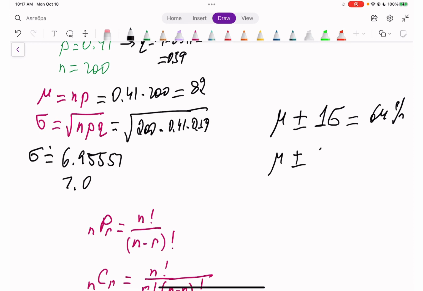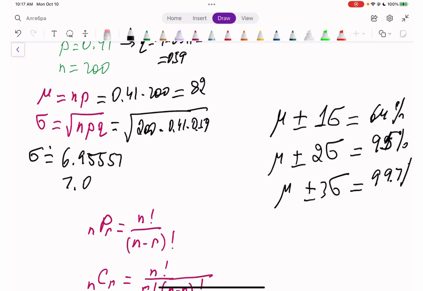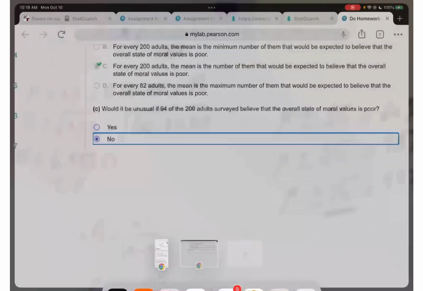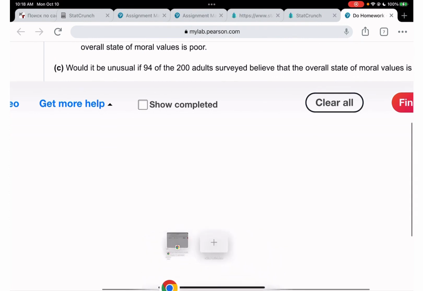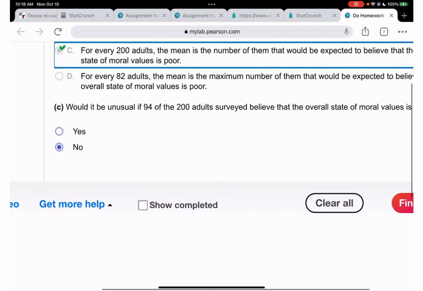Mu plus minus 2 standard deviations makes 95% of data, and mu, which is average, plus minus 3 standard deviations makes 99.7%. Statistics is never 100%. So with 3 standard deviations, it's already almost 100%. But here we have 7 standard deviations, so it's very, very little, right? Okay. Let me see. So it's going to be no, the answer.